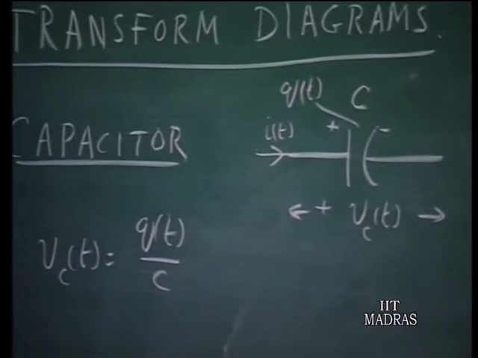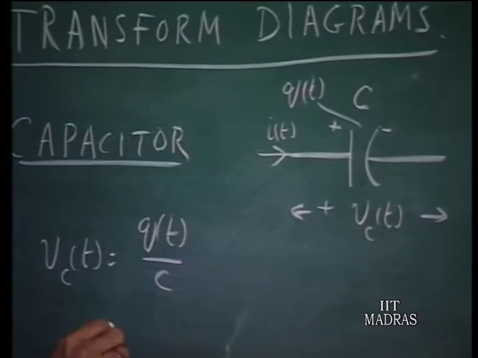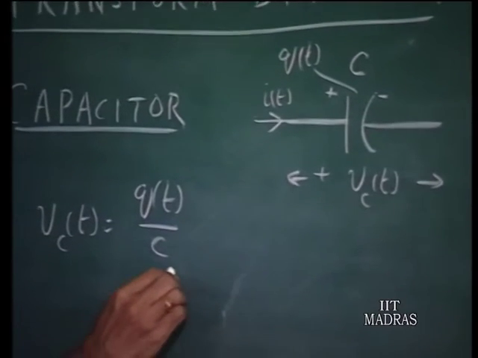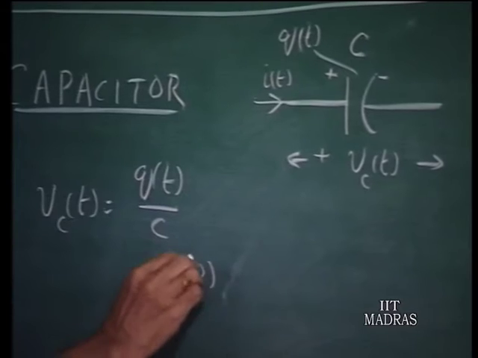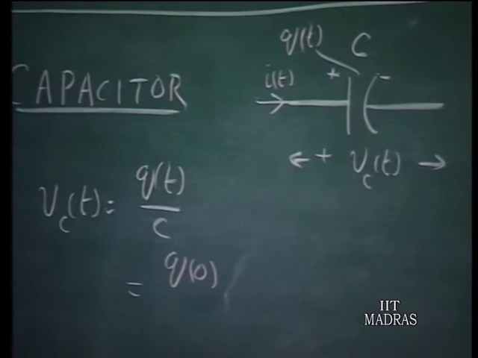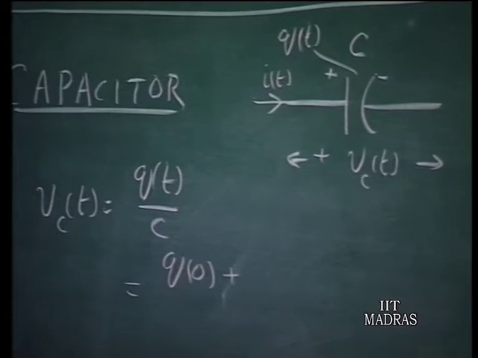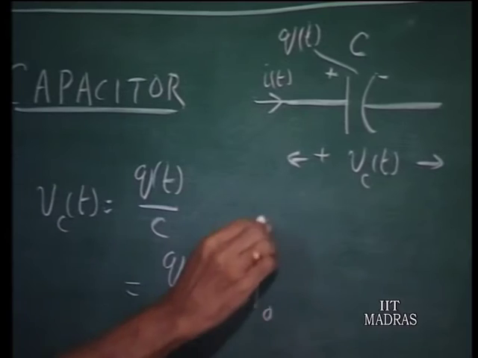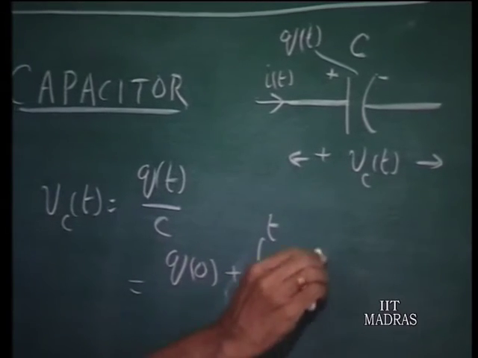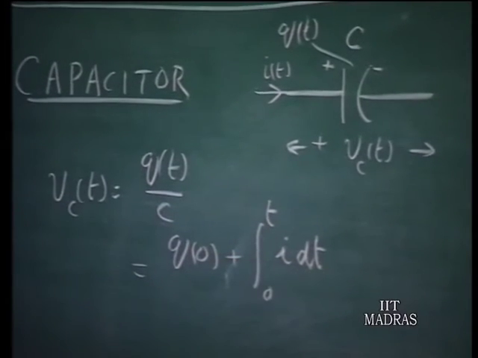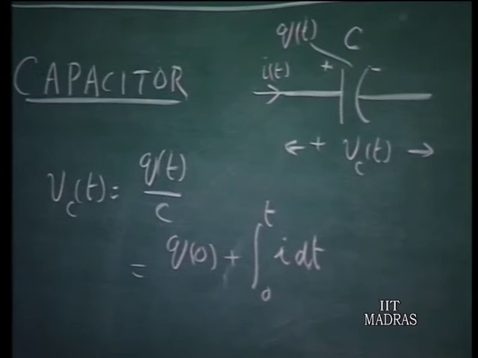We can write this Q of t over C as the initial charge on the capacitor at time 0 plus the extra charge that has been deposited on the capacitor plates in the interval from 0 to t. So, integral 0 to t of I dt, that is the additional charge on the capacitor in the interval from 0 to t.